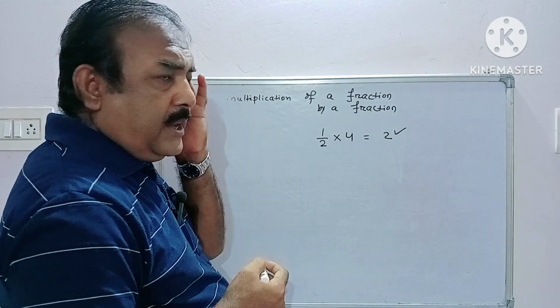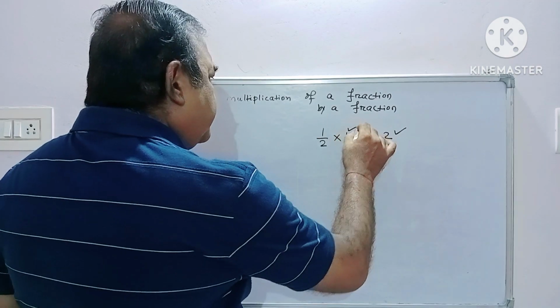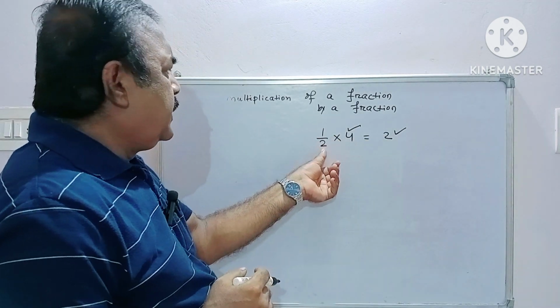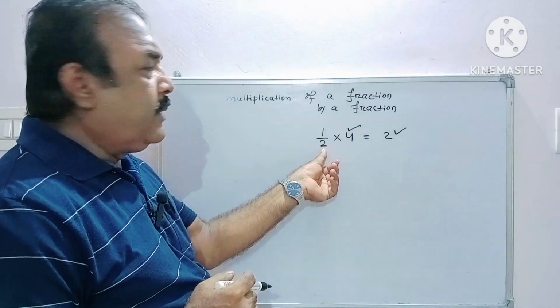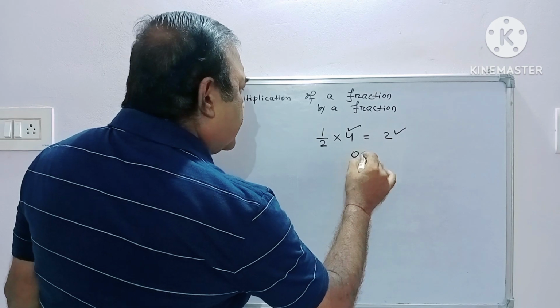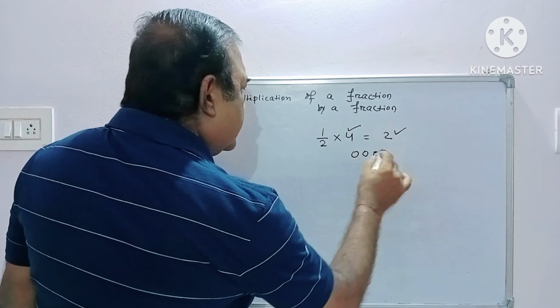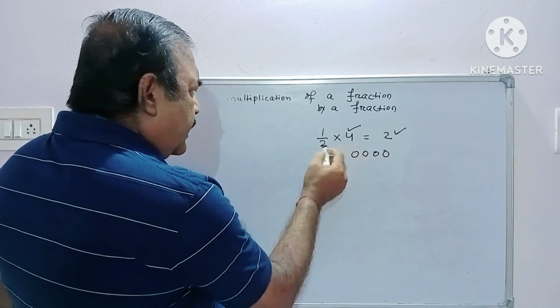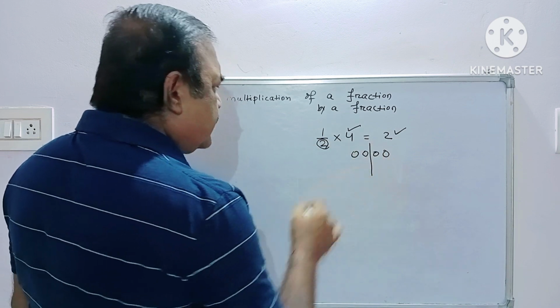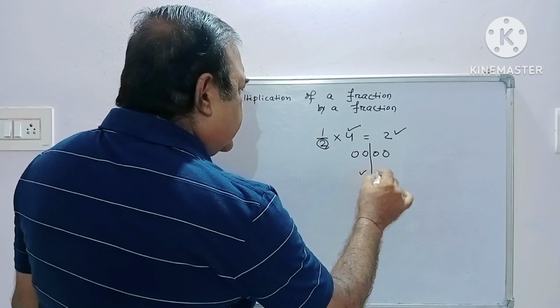But you see what we are doing. Here it is 4. We are dividing 4 into 2 equal parts, and we take one part. 4 means, suppose 4 objects. We divide 4 into 2 equal parts. This is one part, this is other part.